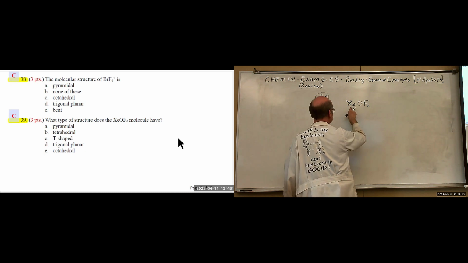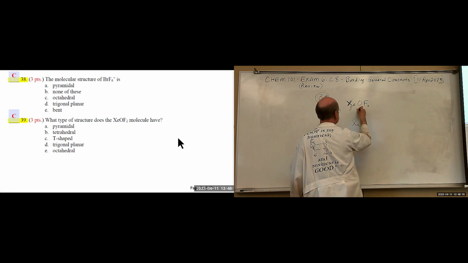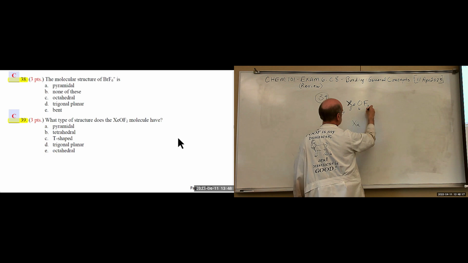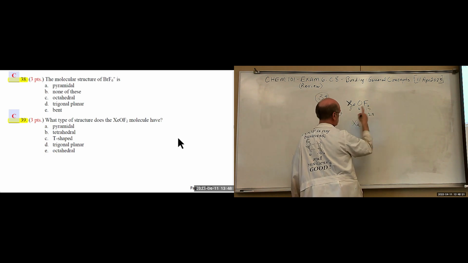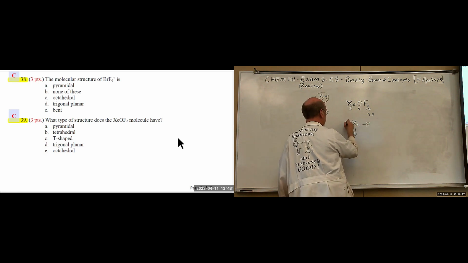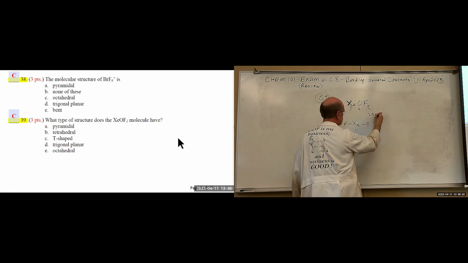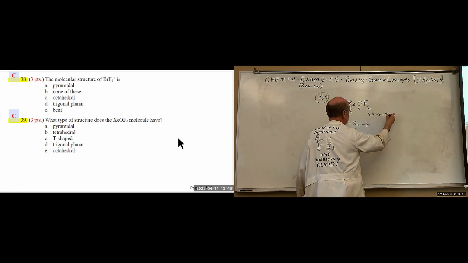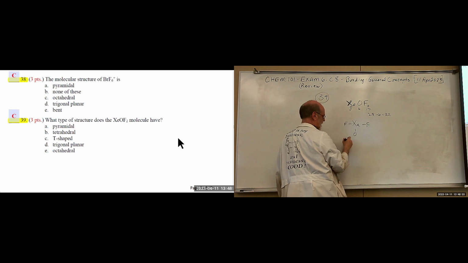Well, let's see, that's 8. That's a 6, and that's 2 times 7 is 14. So that's 28. Right? Yeah, 28. So we put that one there, put an oxygen here, put a fluorine there, and put a fluorine there. 2, 4, 6. 22 electrons.